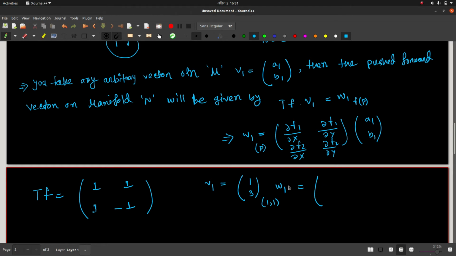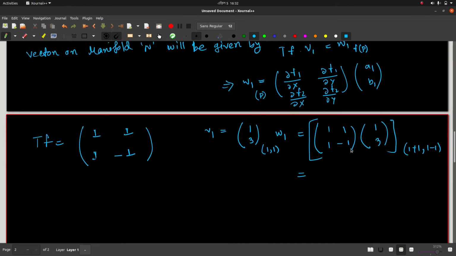And w1 will be a vector which is given by 1 1 1 minus 1, and then you will have this 1 3. However, this whole thing will be at a point of what? 1 plus 1 and 1 minus 1, because the points get mapped by the function itself, which is given by x plus y comma x minus y, right? The u coordinate will be 2 and the v coordinate will be 0. So this is just 1 times 1, 1 times 3, so this is a 4, and this is 1 minus 3, that is minus 2, and this is situated at the point 2 comma 0.